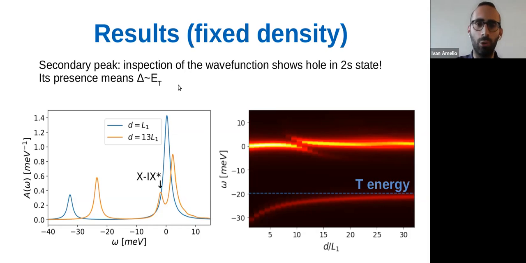So this means also that this peak occurs for gap values that are comparable with the trion binding energies. So somehow this gives an idea of the size of the gap. And as I increase the interlayer distance, I see that the attractive polaron goes from the binding energy of the interlayer, intralayer biexciton to the binding energy of the simpler trion.